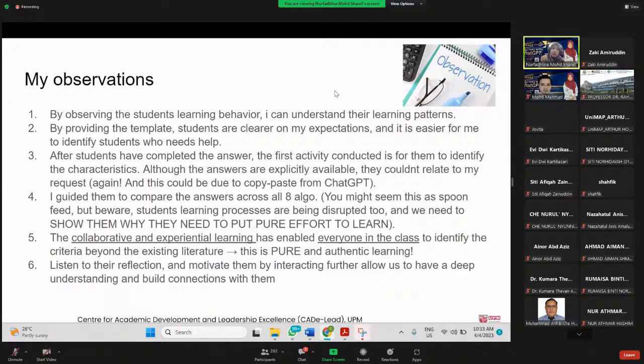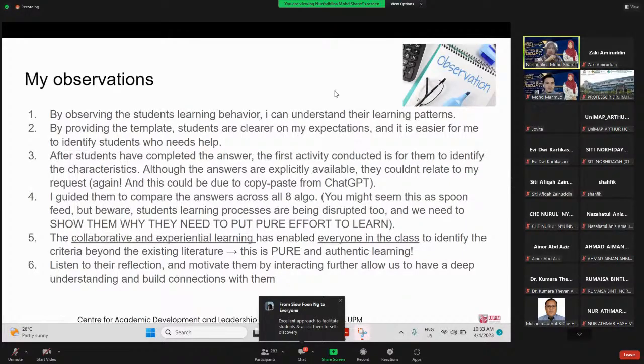It is our job to help them. Students are clearer on my expectations. So that means I learn also how the students translate what I want them to achieve based on this learning outcome. Now that I understand the students better, I can identify who needs help.